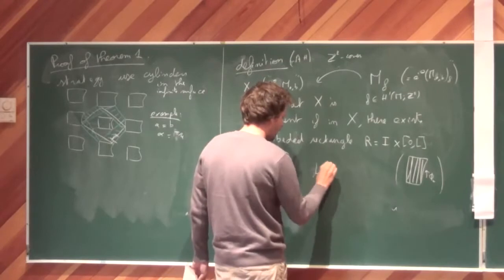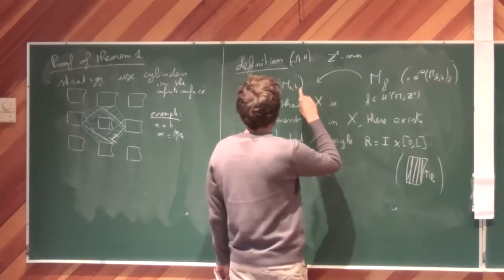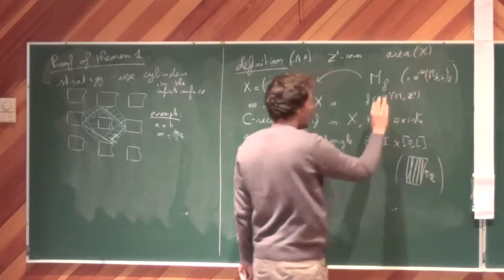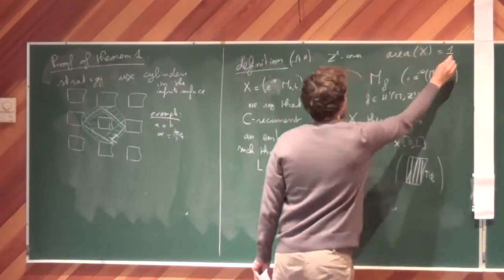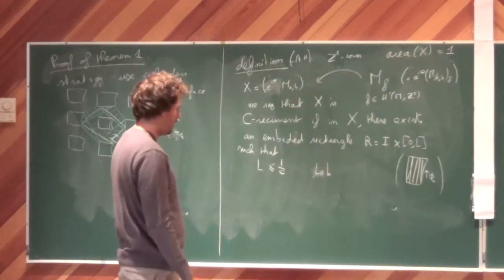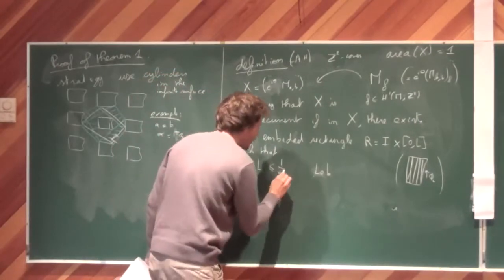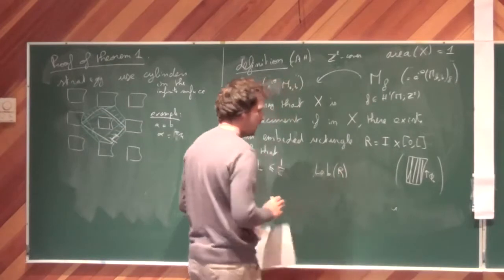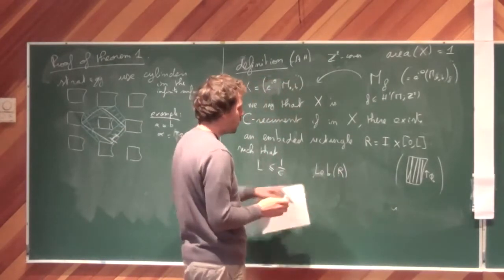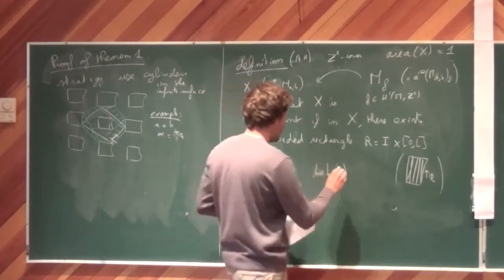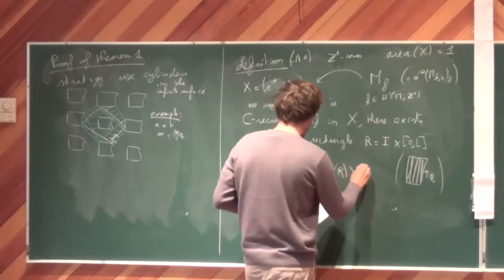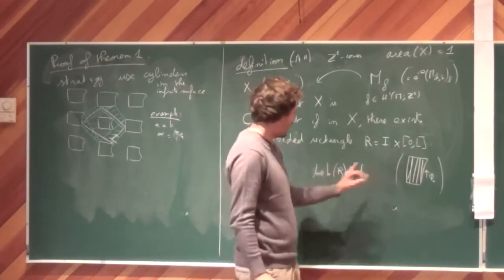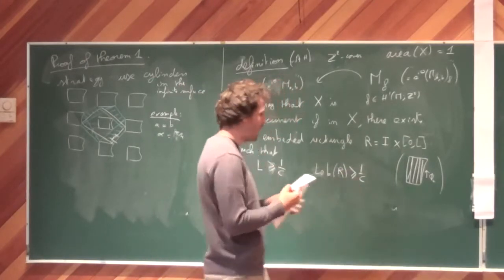So assume area: all my compact surfaces will have area 1, which makes things easier. So the Lebesgue measure of the rectangle, the proportion it takes inside the surface, is larger than 1/C. Oh, sorry, we want L to be large and the rectangle to be large.